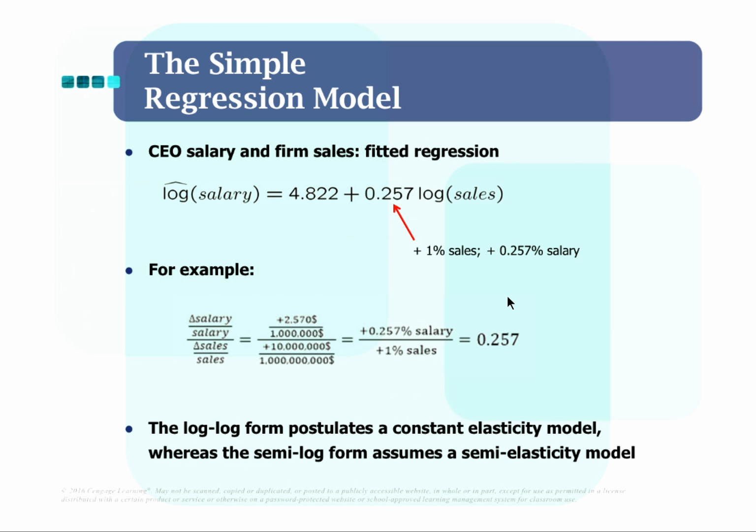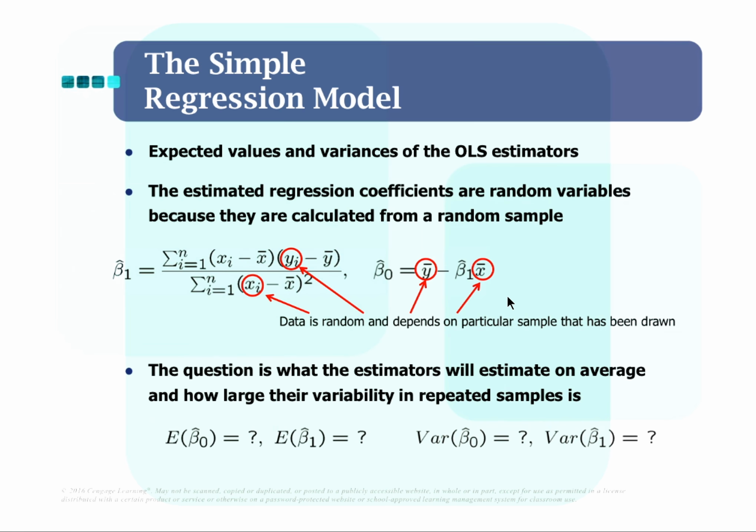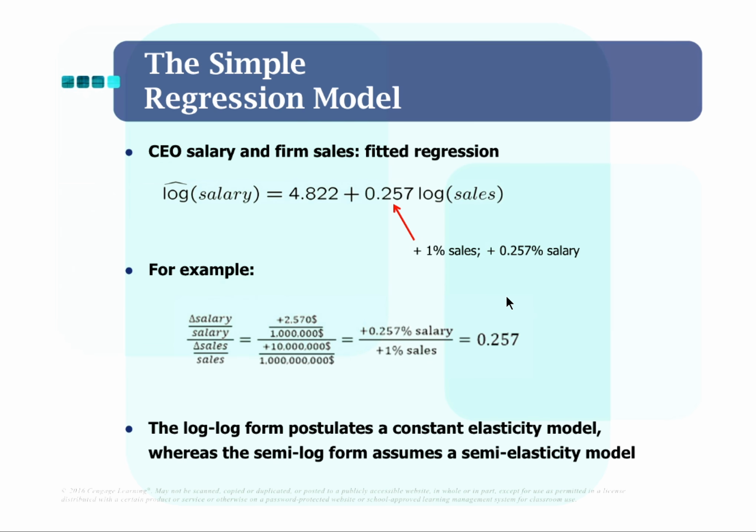Not the percentage point, okay? Not the percentage point. Okay, so this is about the logarithm transformation in the simple regression, and later we will discuss more, okay? Maybe after 2 or 3 classes.